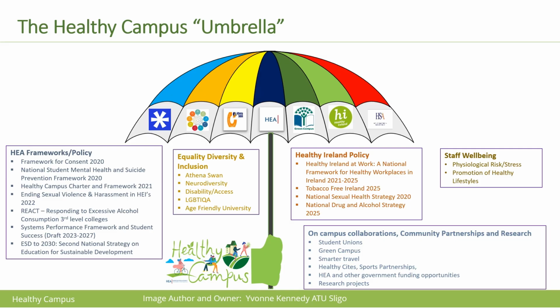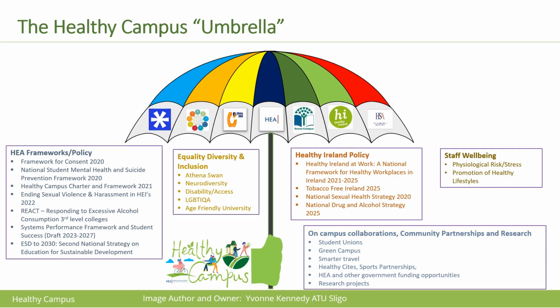As you can see, this is quite a busy slide, but go through it in your own time. And you'll see that a lot of the new frameworks, like the framework for consent, the National Student Health, Mental Health and Suicide Prevention Framework, they all fall under that Healthy Campus umbrella. So we're already doing a lot of work in these areas, and you can capture it under that Healthy Campus umbrella.